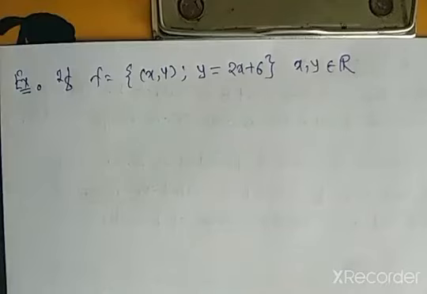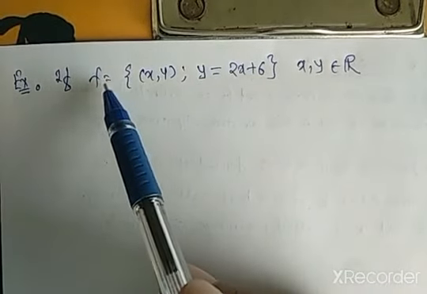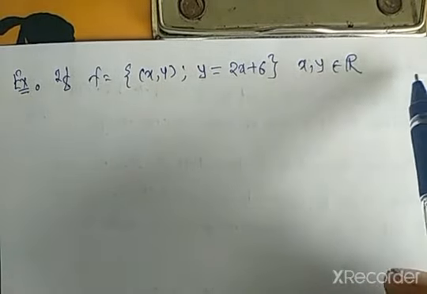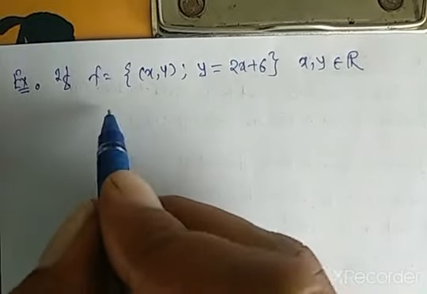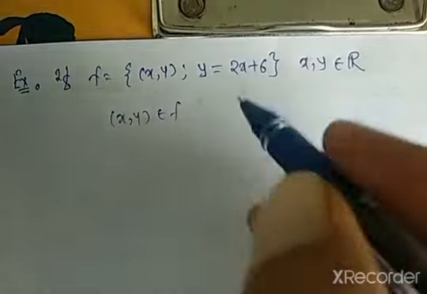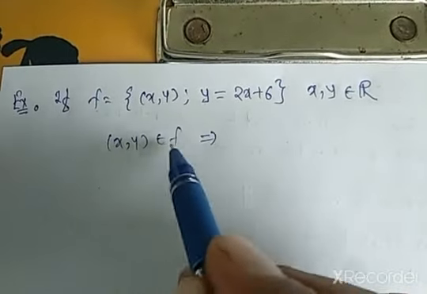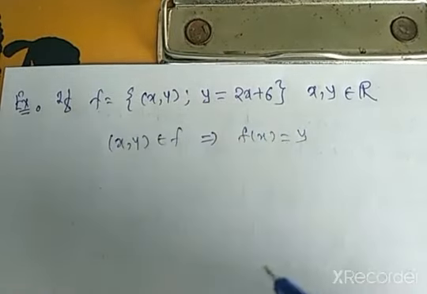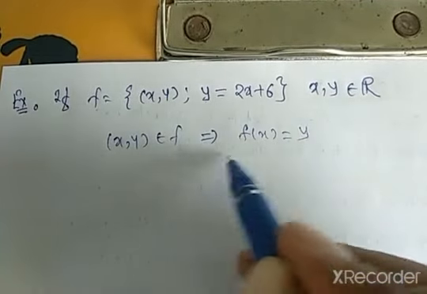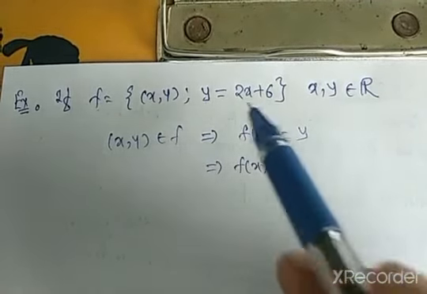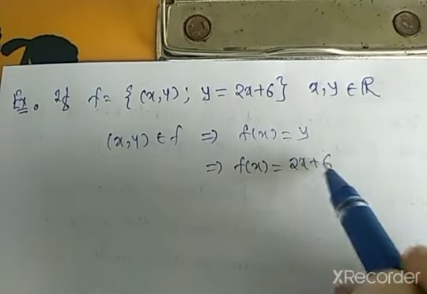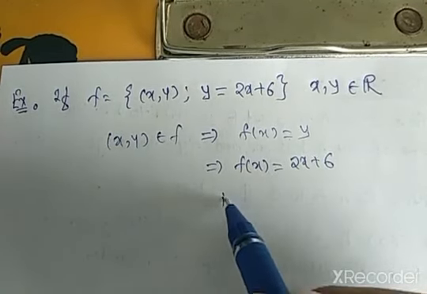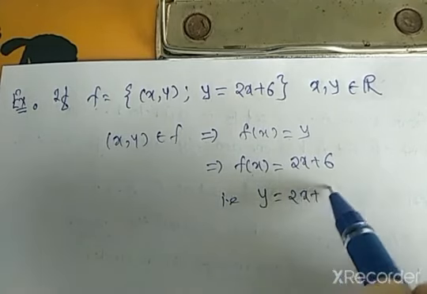The example: f is a function defined as the ordered pairs (x, y) such that y equals 2x plus 6, where (x, y) belongs to R. Since (x, y) belongs to f, it means that f(x) equals y, so f(x) equals 2x plus 6.